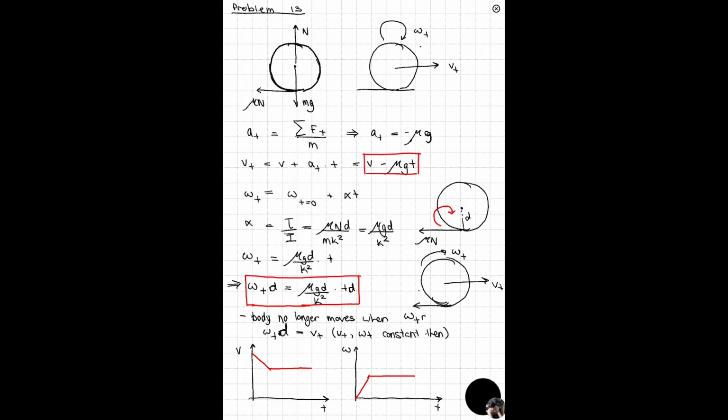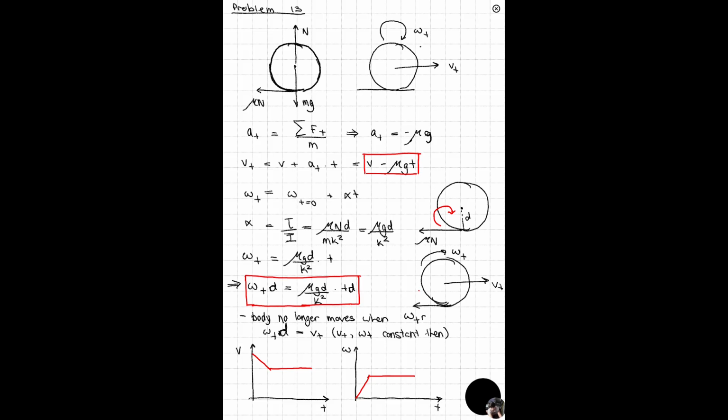Let's first find the linear velocity. In this case, a t equals the sum of F t divided by m, where m is the mass of a tennis ball, implying that a t equals negative mu g, because remember, N is equal to mg from the vertical standpoint.